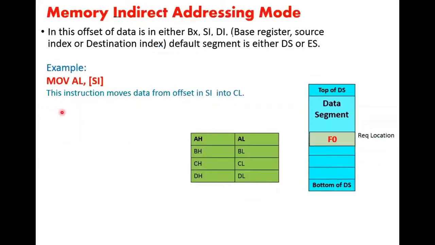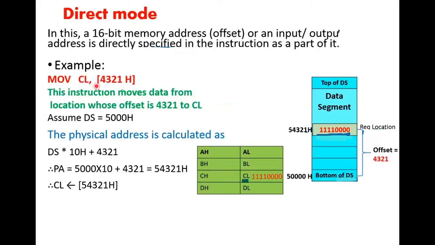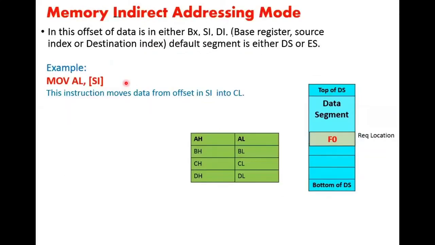Next one is indirect mode. Here also a memory location is given, but previously you saw the offset value given, whereas now they give the register where the offset value is stored. In this SI register the offset value is there, so only that SI register is given inside the square brackets.